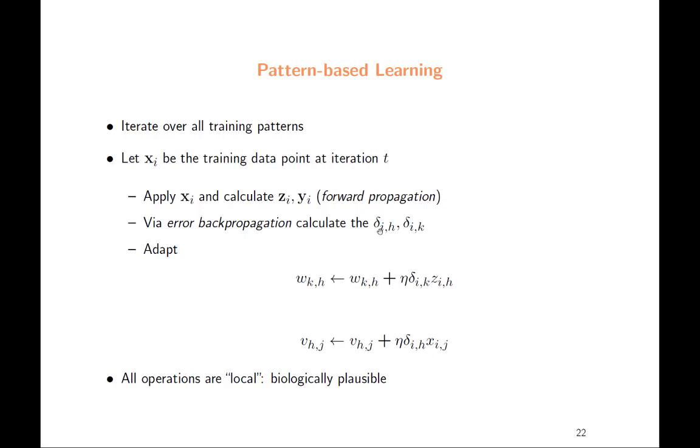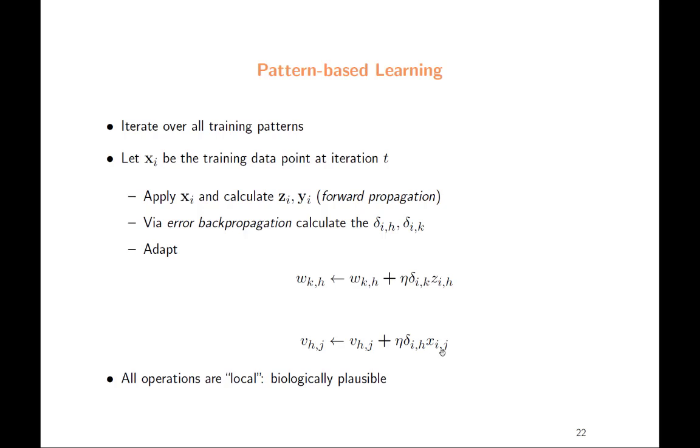You generate these delta ih and delta ik, and then you adapt the output weights for all h's, of course, and all k's. So it's the old weight plus eta times delta term times z term. And for the v, it assumes the same form, only that here it's eta times delta times x_ij.